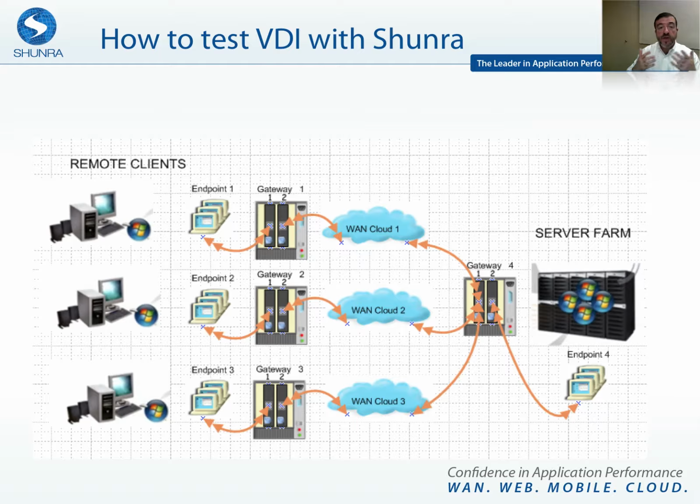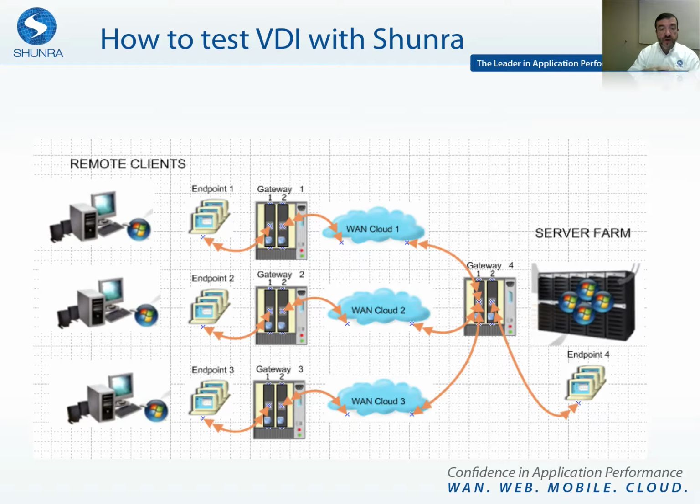Each endpoint we will allocate virtually in our modeling software the size of the existing or of the projected pipes to those locations, and we will force the behavior of your production network. We will sample the behavior of the production network with our tools, with Network Catcher, for example, and insert the behavior into each one of the clouds between the server farm and the remote locations.